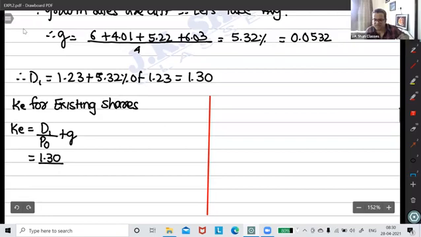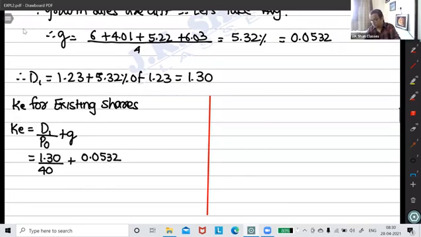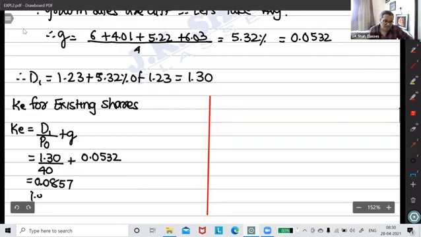P0, what is the existing price given in the question? 40 rupees, correct? Plus growth 0.0532. So 1.3 divided by 40, whatever comes, plus 0.0532, came to 0.0857, that is 8.57%.